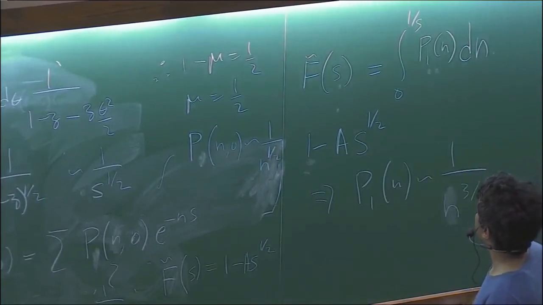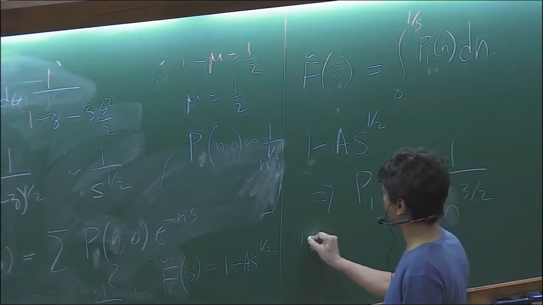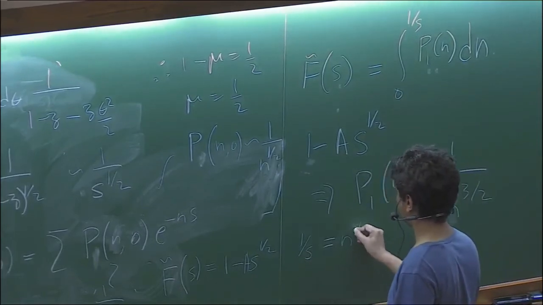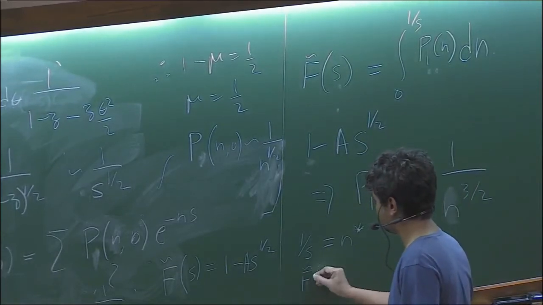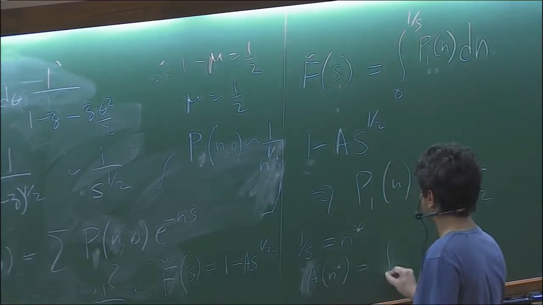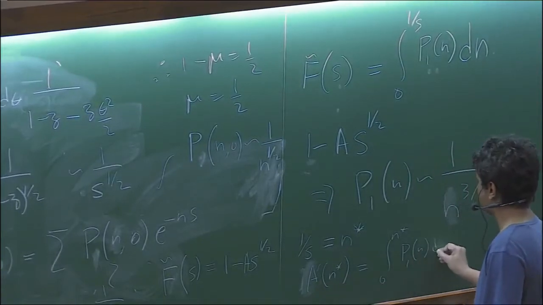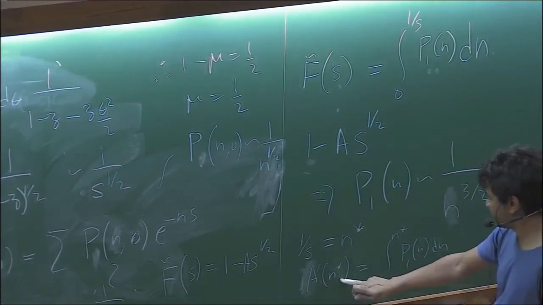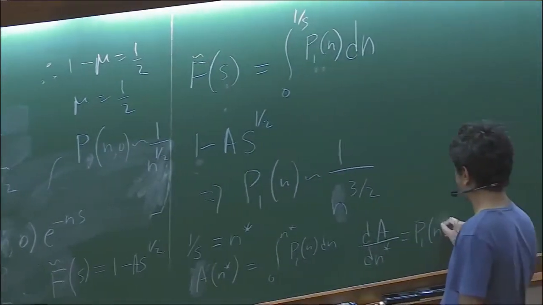Okay, so what you can do is, supposing you put 1 by s equal to n star, and then you have some f tilde, so some new function A of n star equal to the integral from 0 to n star. So now if I take a derivative with respect to n star, dA by dn star is equal to p1 of n star, right?